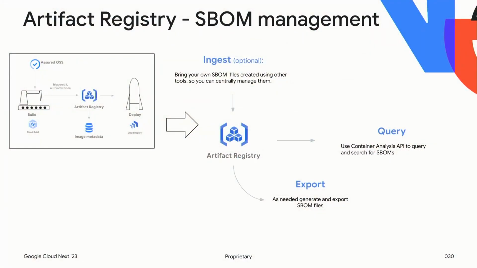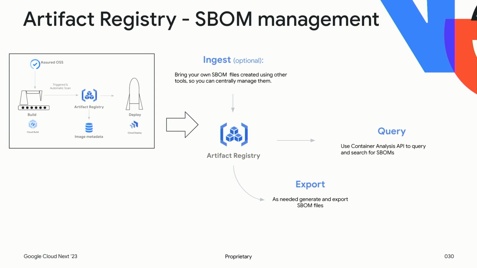One of the things we do in Google Cloud is we try to make this easier for you at that first step of managing SBOMs. So our Artifact Registry product allows you first to, for any set of packages or images in AR, export and generate SBOM files in SPDX format. In addition, for any SPDX or SBOM files, you can query those using our container analysis APIs to understand the details of those things.